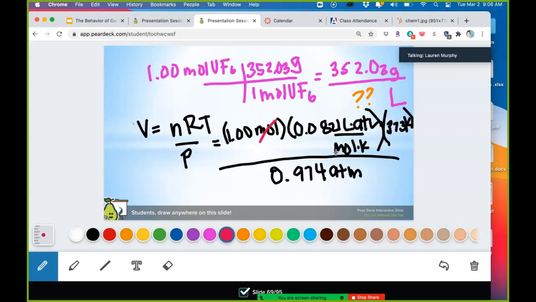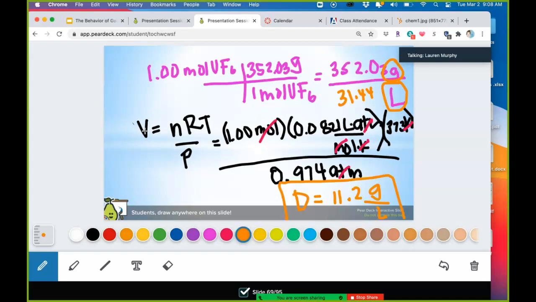So moles cancel, Kelvin cancel, atmosphere cancel, and now I will have my volume part of density. So density has two parts, mass divided by volume. So calculate this out. 1 times 0.0821 times 373, divided by 0.974. I will wait until you tell me what you get for volume.